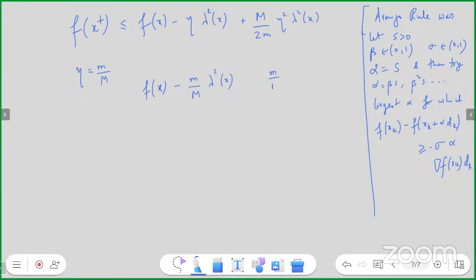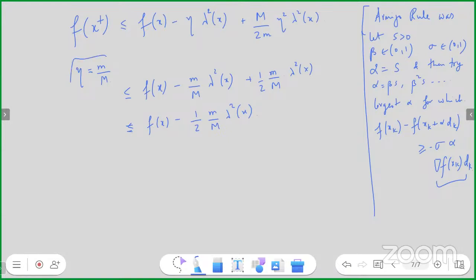You'll get again another m by capital M. So this is actually equality: f of x minus 1/2 by capital M lambda square x. That's what you will get. Now, why does it satisfy this? What is the definition of lambda square x? This much. So what am I getting? 1/2. So I could have chosen that sigma to be 1/2. Alpha is nothing but this little m by capital M. So I actually get to satisfy this.